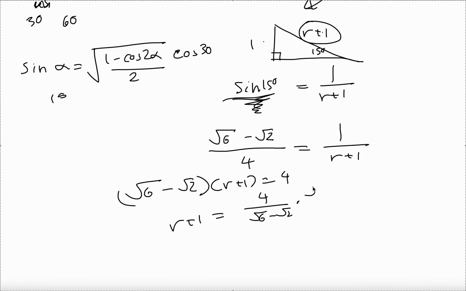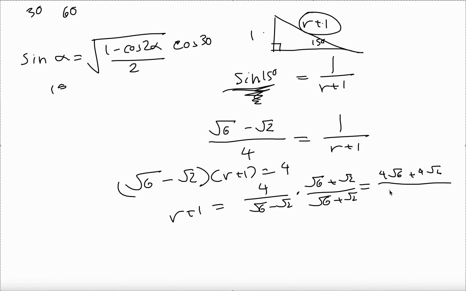Rationalizing the denominator by multiplying by the conjugate gives us 4 square root of 6 plus 4 square root of 2, all over what the denominator becomes: 6 minus 2, which is 4. Since the denominator is 4 and the numerator is 4, r plus 1 equals square root of 6 plus square root of 2.